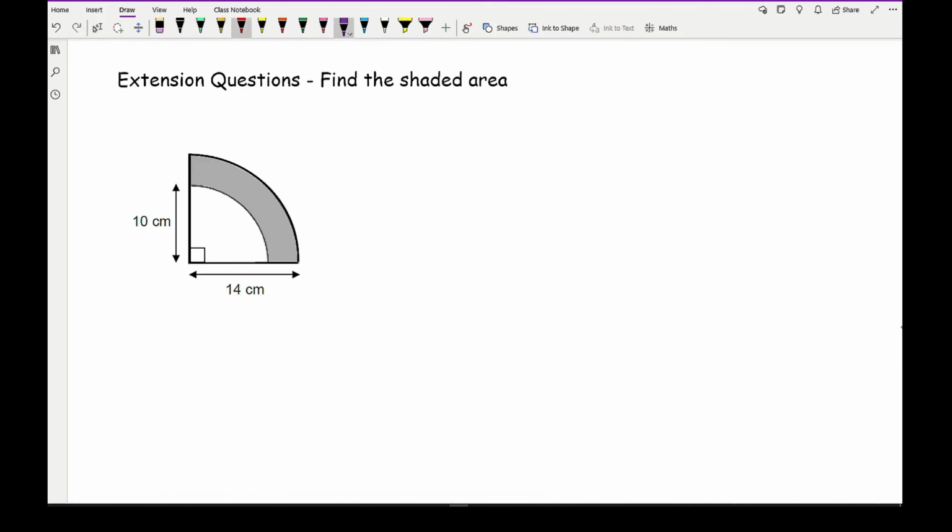Now the general rule for shaded area questions, and if I get a pen that we can actually read, so let's go for red. So the shaded area is always the big shape minus the small shape. Now in this particular question, my big shape is the big arc, the big sector.